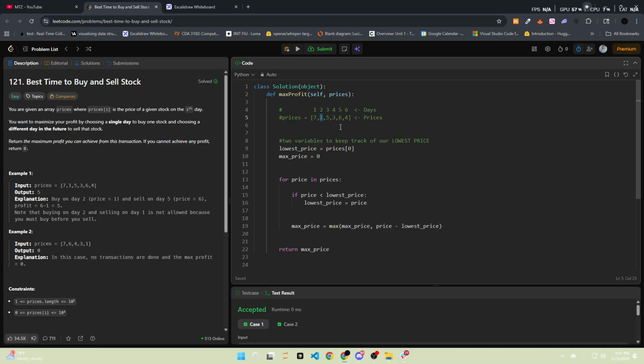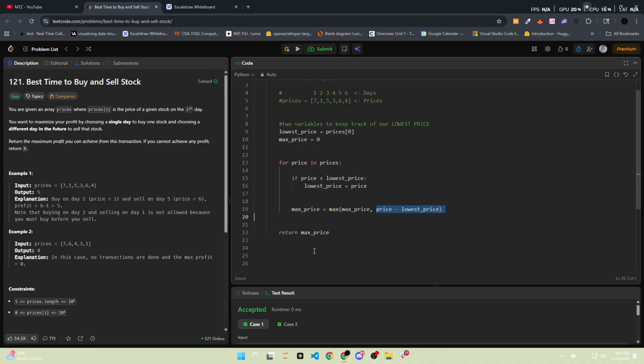You look at 6, 6 isn't less than 1. So you are always subtracting whatever price we're on by 1. And then you're just returning that max value because that's the amount of profit you're making. If you bought the stock for $1 and the stock went up to $6 on the 5th day, you make $5 in total, right? That's why you subtract this and return the max. That's why you get 5, right?